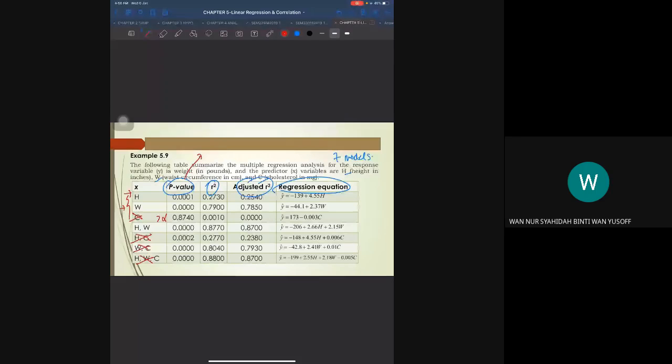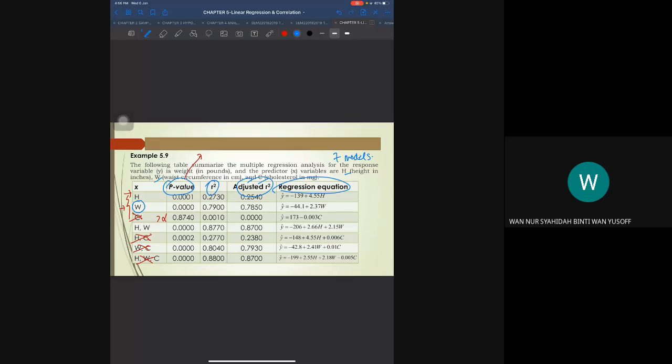So based on H and W, we know that both have significant p-values, and then we need to compare the R square. Which variable has the highest R square? W. So W is the best model for the single predictor.